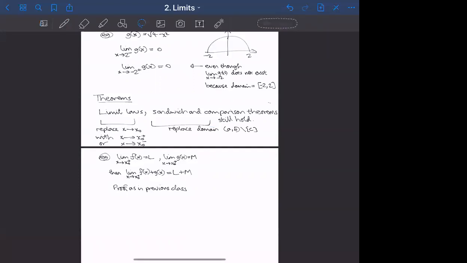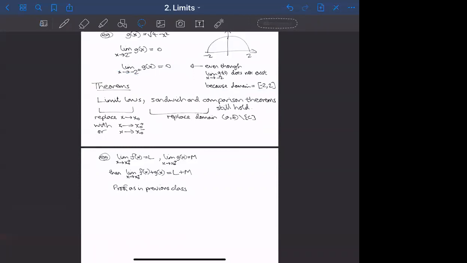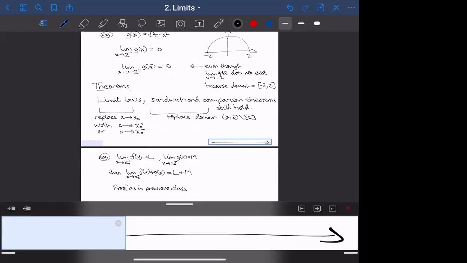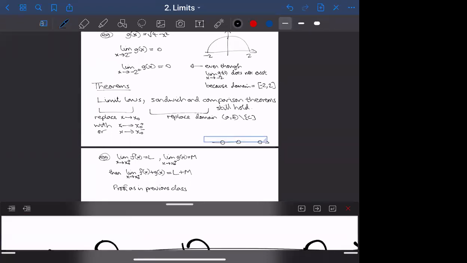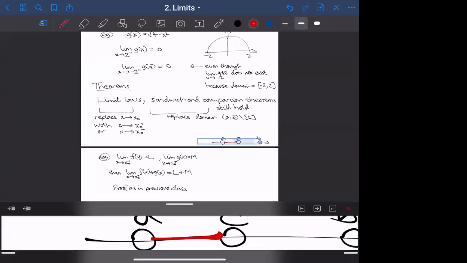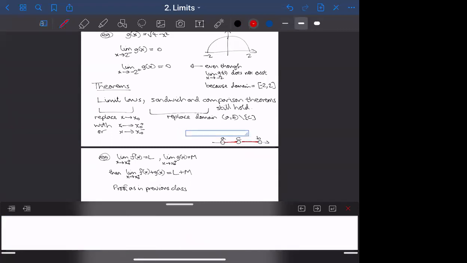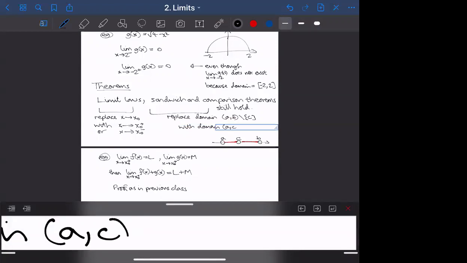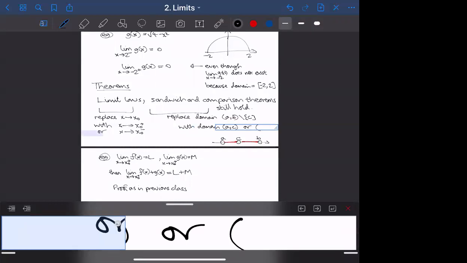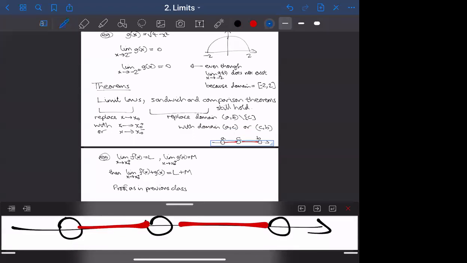Let me draw a picture here. Okay, so the domain was AB with C removed, ABC, like this, and we were taking the limit at C. But if we're still taking the limit at C, but from the left, in that case, we take domain A to C, but if we're taking the limit from the right, we take domain C to B. So maybe I'll put in some arrows there to remind you.